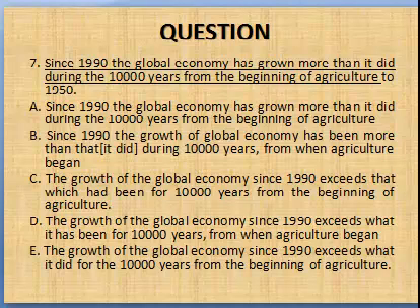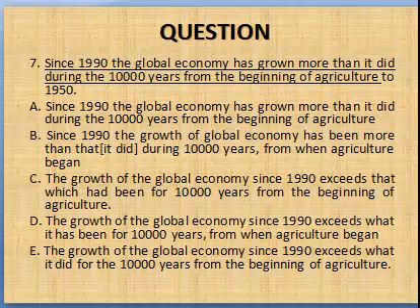The growth of the global economy since 1990 exceeds what it has been from when agriculture began to. Oh, this is weird. Now everything is mixed up. What is it? Exceeds what it has been. I don't get this. The growth of the global economy since 1990 exceeds what it did for 10,000 years from the beginning of agriculture to 1950.